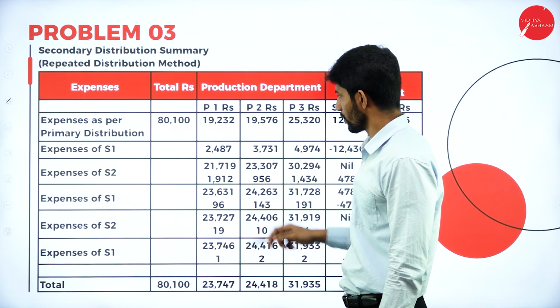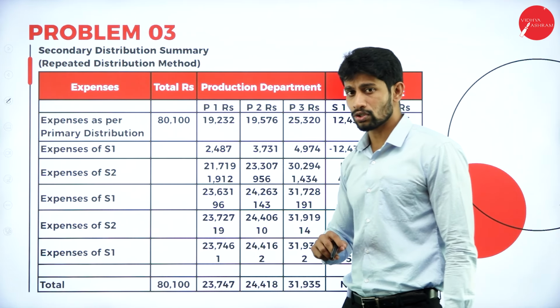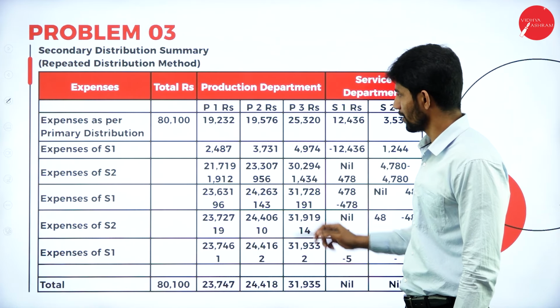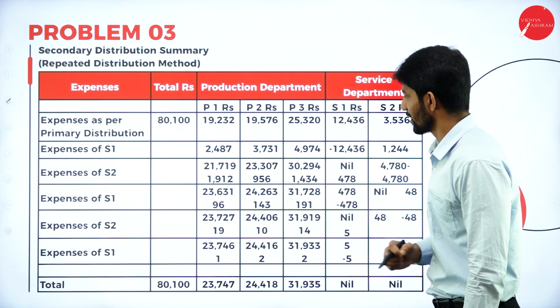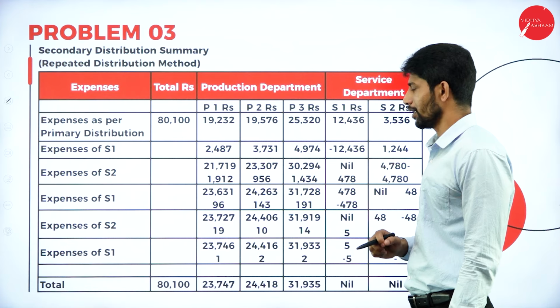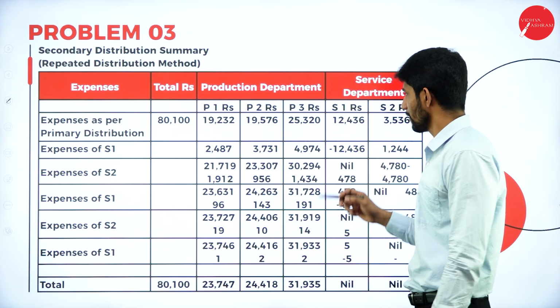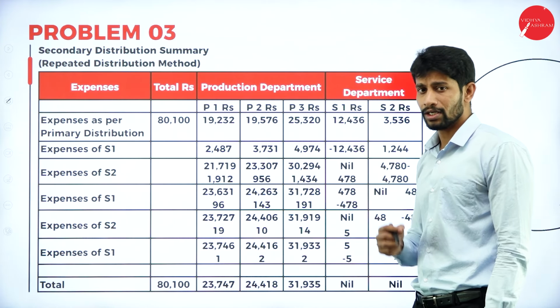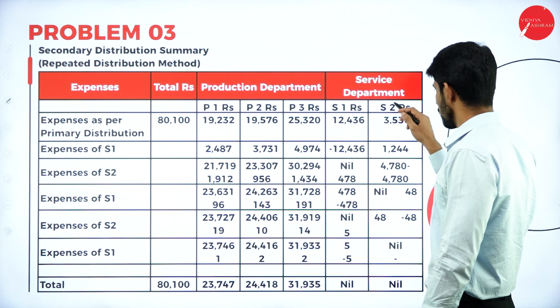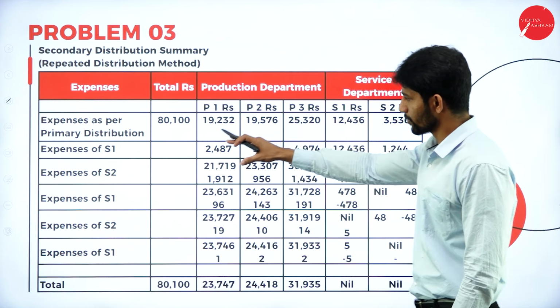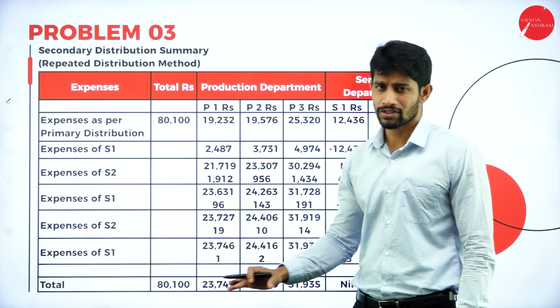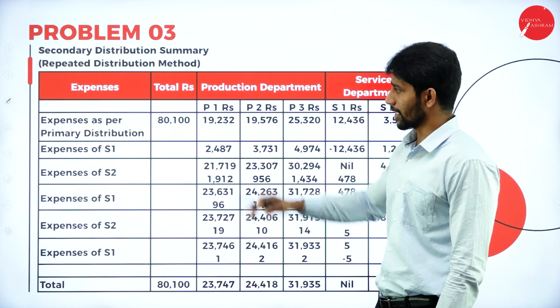Production department 1, it is 19,232, production department 2, 19,576, production department 3, 25,320, service department 1, 12,436, service department 2, 3,536. So by using this, we are supposed to solve the problem under secondary distribution.